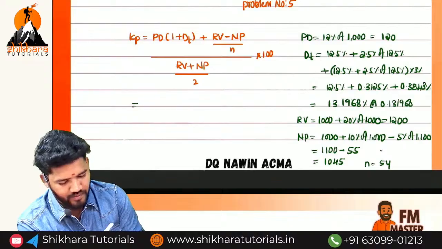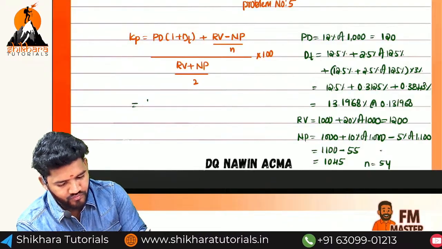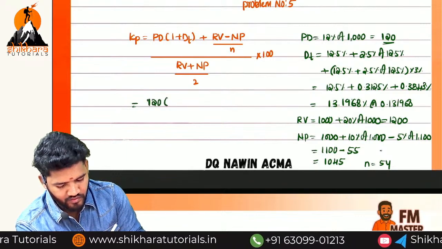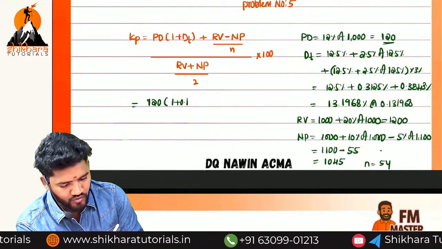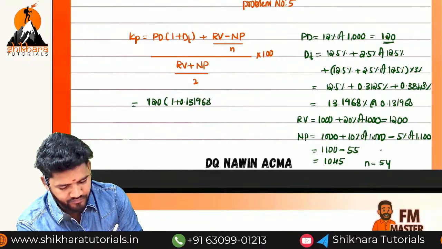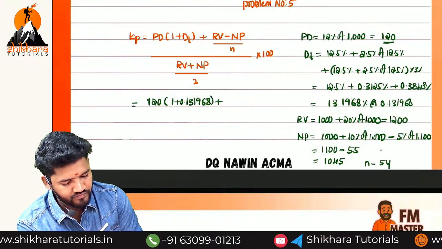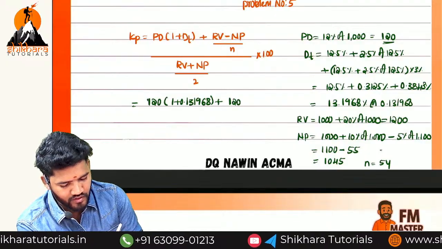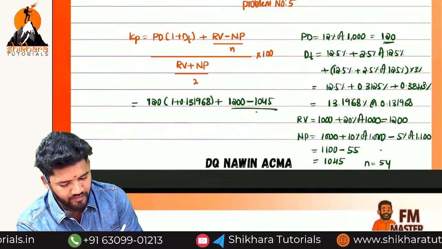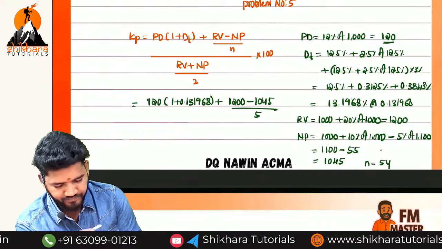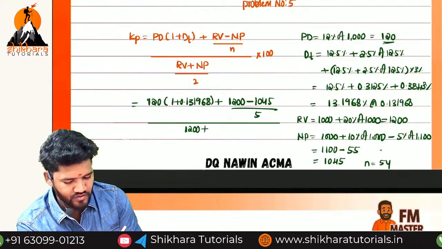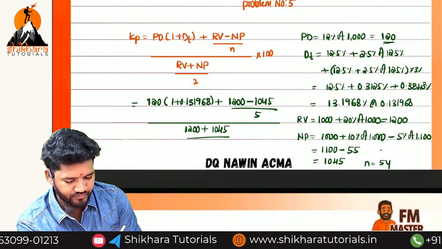Now substitute in the formula. 120, 1 plus 0.131968 plus repayment value: 1,200 minus 1,045, divided by 5, whole divided by 1,200 plus 1,045 divided by 2.